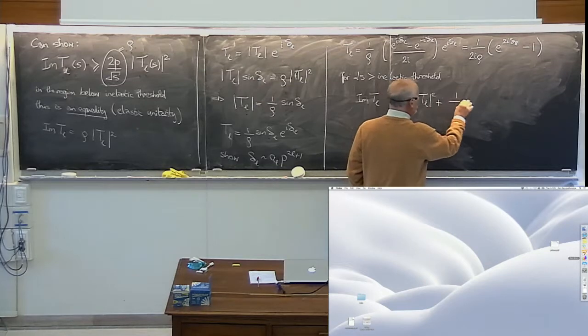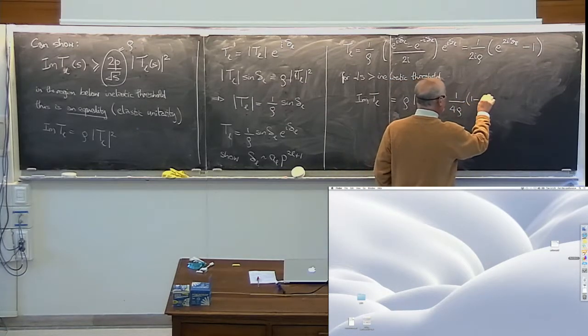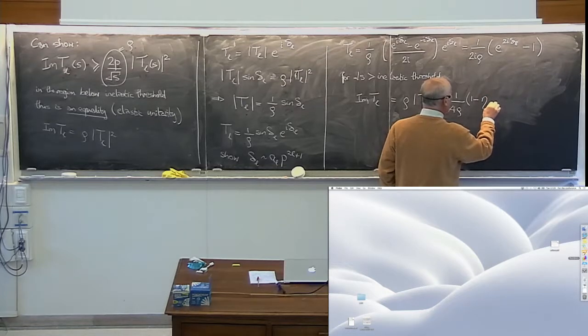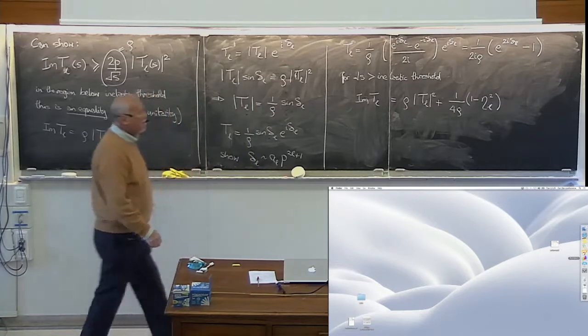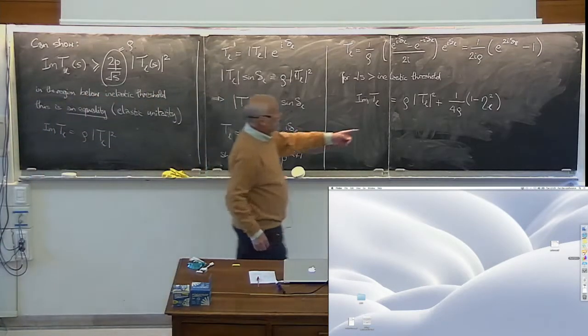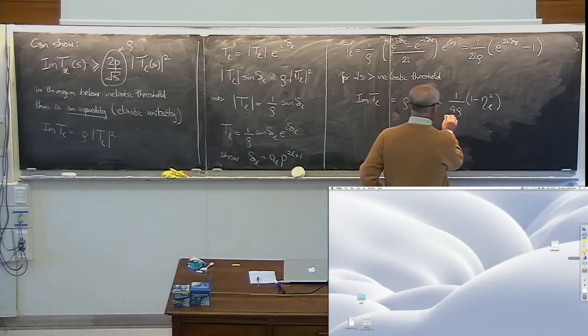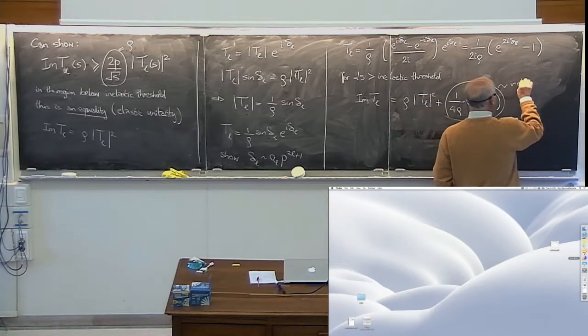And then you have to add a piece. It's traditional to add it like this, where this is related to the inelastic cross-section.